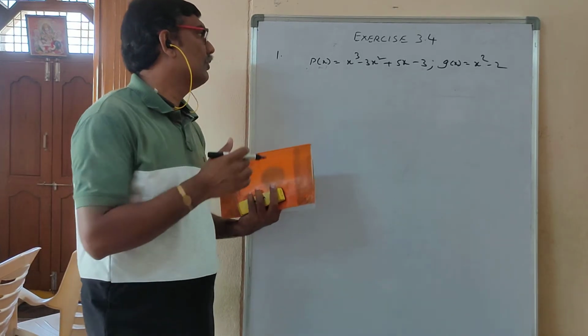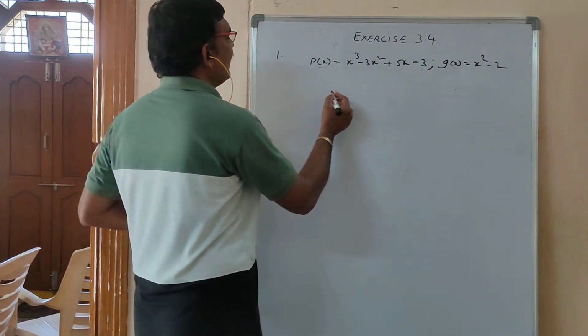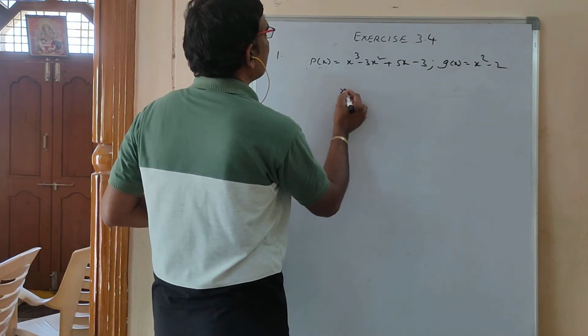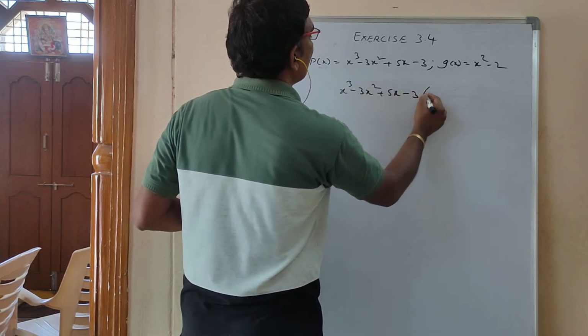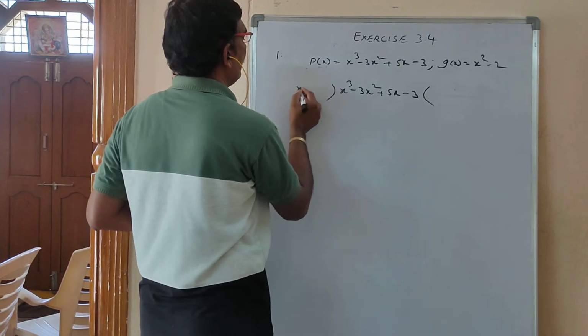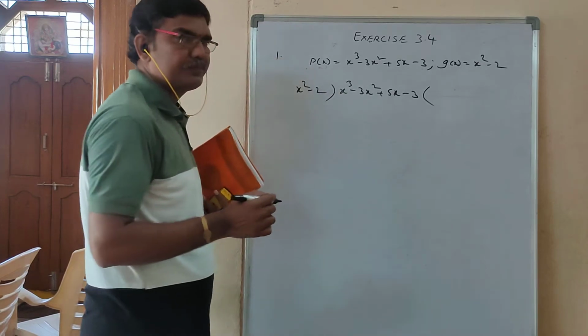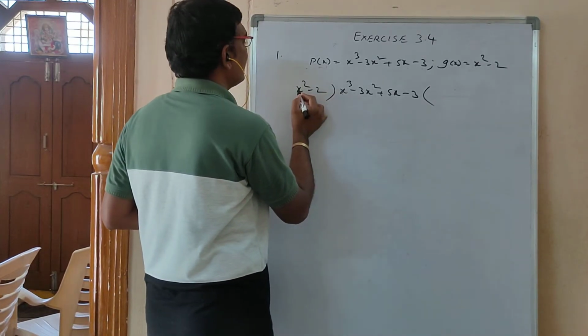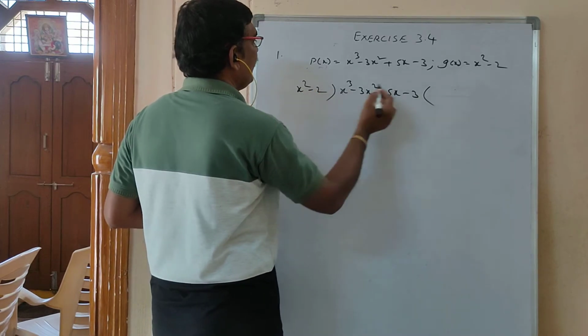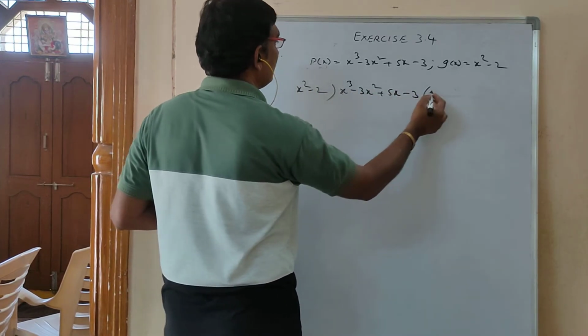Okay. Now, how to do division? I'll say, just listen. X cube minus 3x square plus 5x minus 3 is there. This you have to divide with what here? X square minus 2. Now how to do division? X cube is there, here x square is there. X square into how much is equal to x cube means here x you have to write.